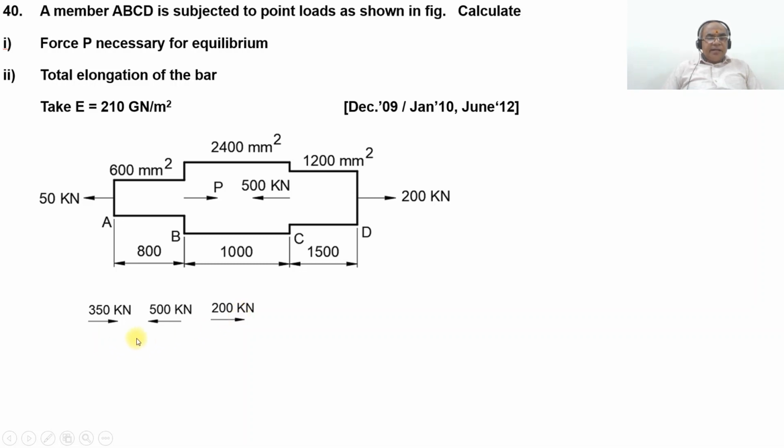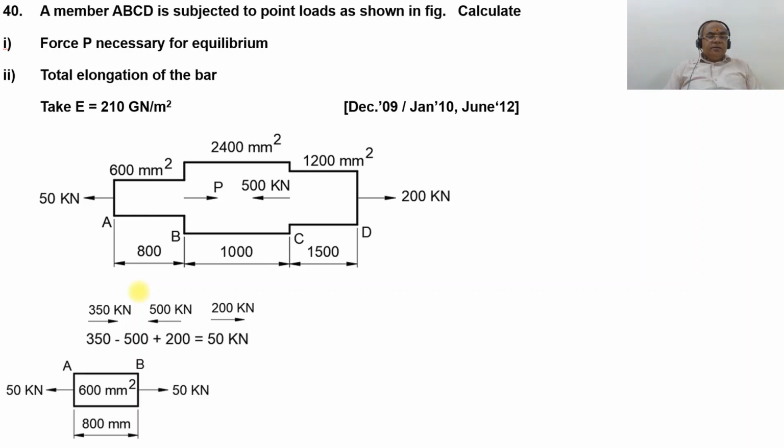The load acting toward the right is tensile, so positive, and the load acting toward the left is negative because it is compressive. Therefore 350 minus 500 plus 200 gives 50 kilonewton.